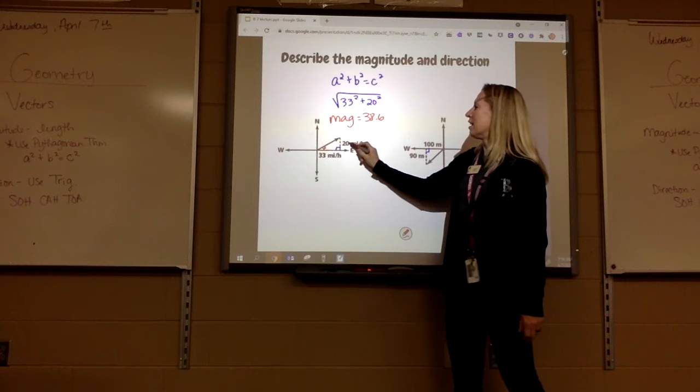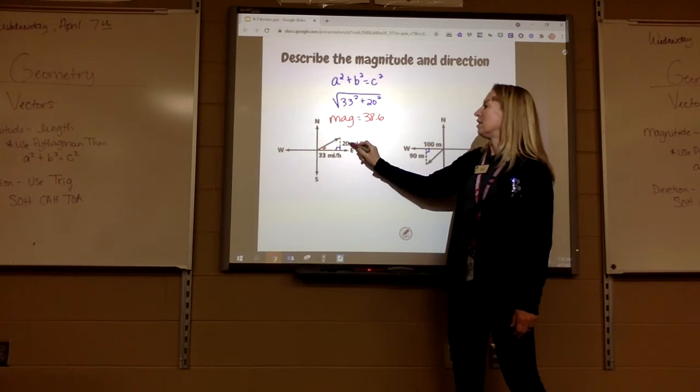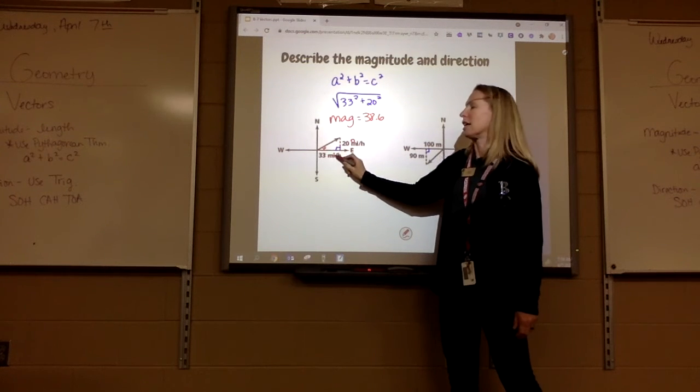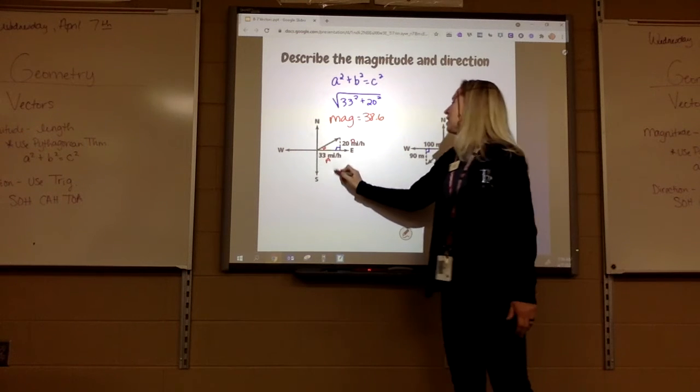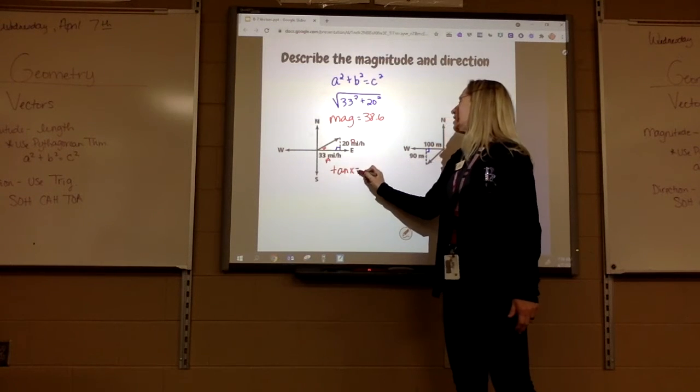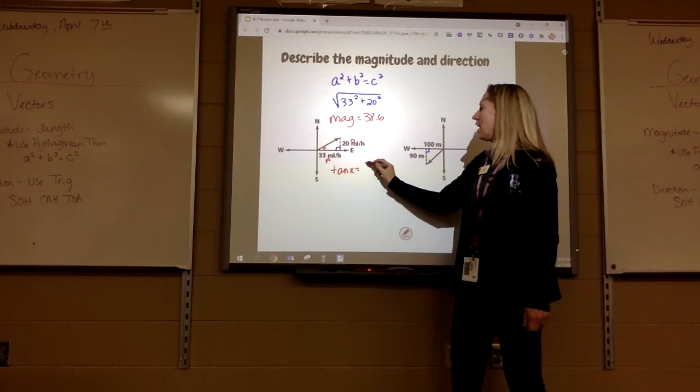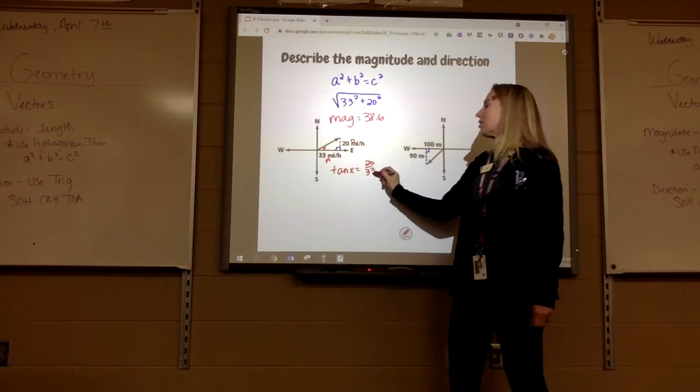So what's this side over here called? Opposite. What's this side right here called? Adjacent, so it's tan. So tan x, tan is O over A, so 20 over 33.